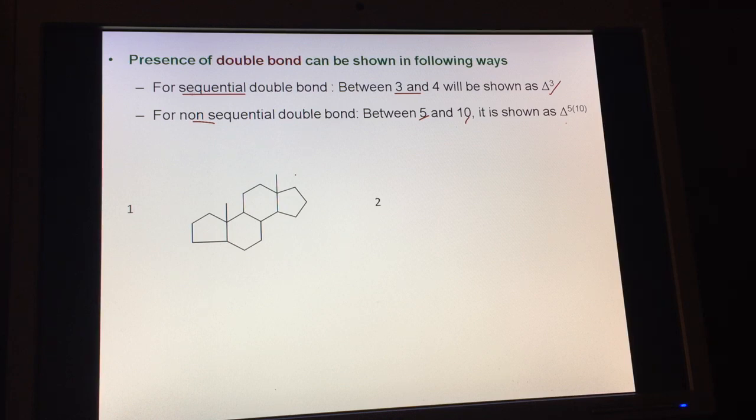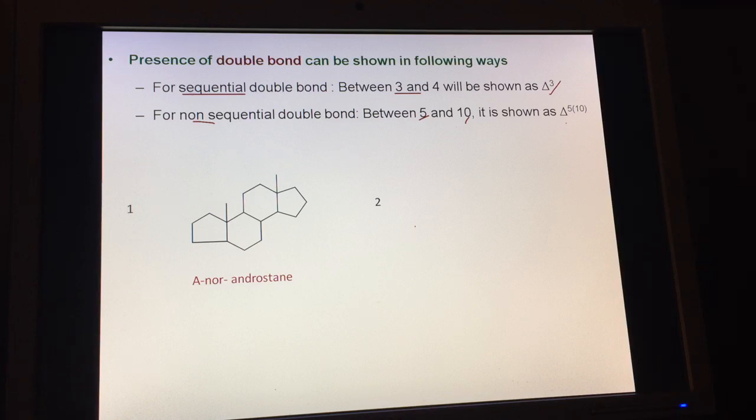Now, you also know that ring A is normally a 6 membered ring structure. However, in this case it is contracted to a 5 membered ring system. So, as we have discussed, we use the term NOR for this. So, this is an A NOR estrane derivative, and the name is A NOR estrane.